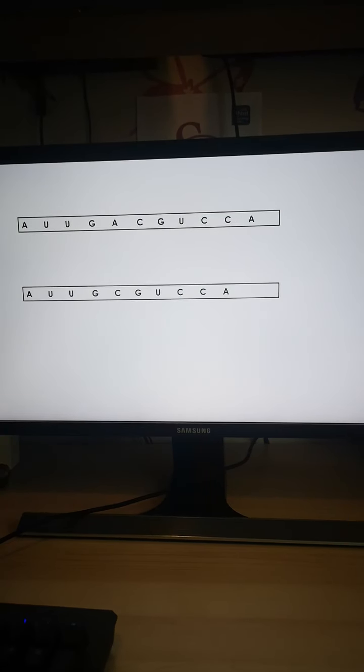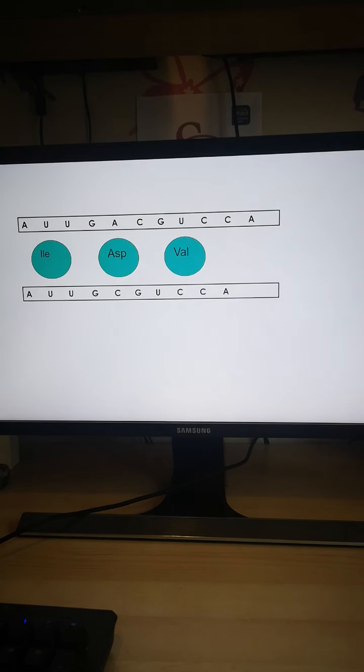Okay, so AUU, if you've looked these ones up, you can see that AUU was ILE, GAC in the codon table was ASP, and GUC was VAL.